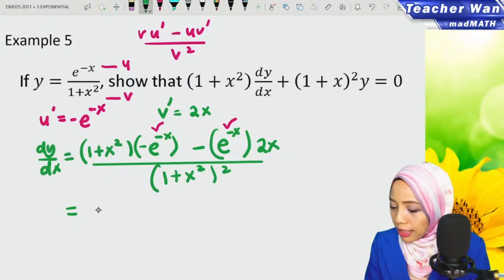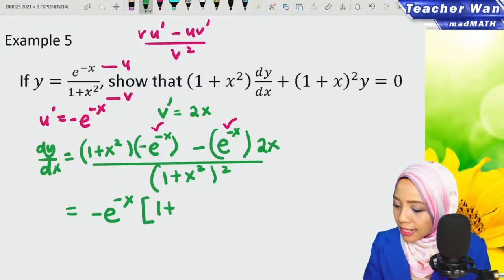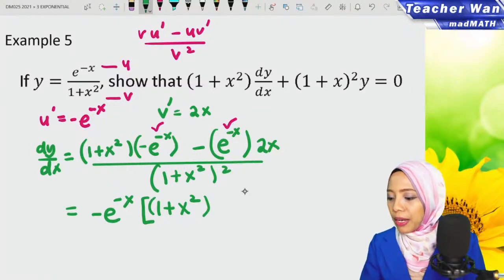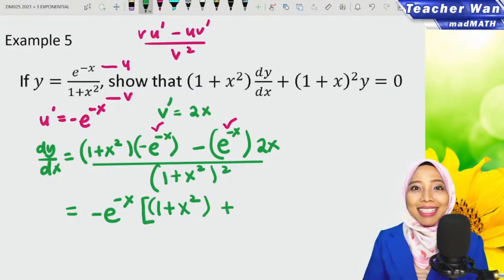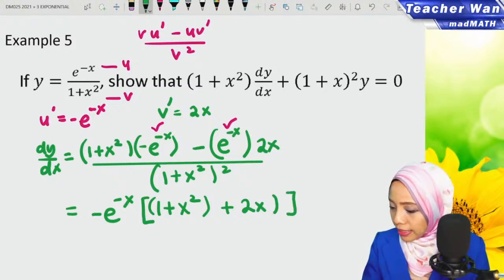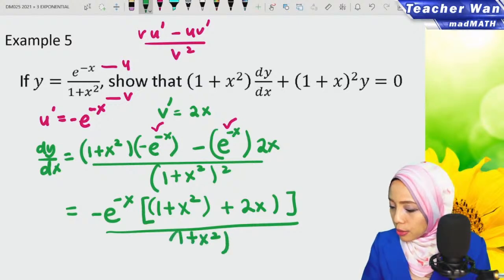For example, you are taking negative, negative e to the x. The remaining left here is 1 plus x squared. And then this part, minus, if you take this negative, the remaining is 2x. Okay, so 1 plus x squared.